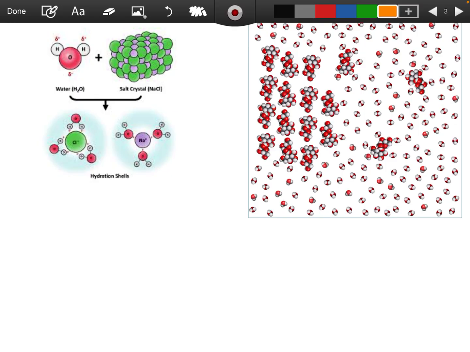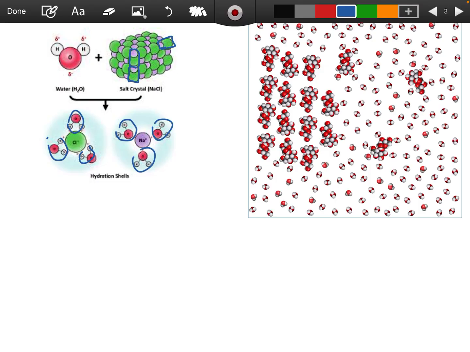Now, if you dissolve salt or sugar in water, different things happen because salt behaves differently than sugar in water. So here we have a salt crystal, and each of those salt crystals has got some salt molecules. A salt molecule is made up of two things, right? Sodium and chlorine. Now, when you dissolve something in water, water molecules are going to surround particles and carry them away from the crystal.